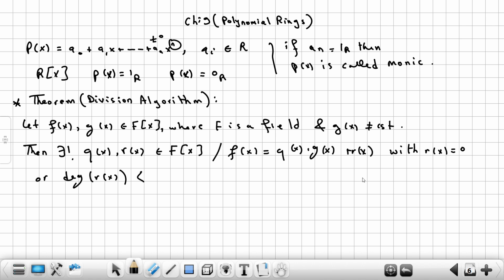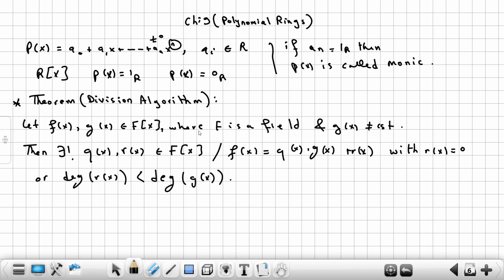degree of g of x. So if r of x is not equal to 0, the degree of a non-zero polynomial is well defined, and the degree of r of x in such case is less than the degree of g of x. Okay, this algorithm most of us saw in high school, secondary classes, so we will prove it now.